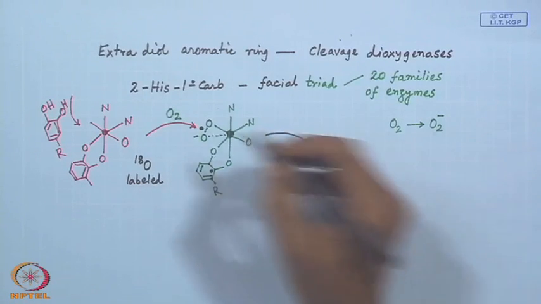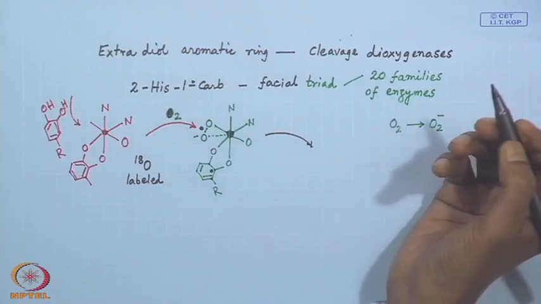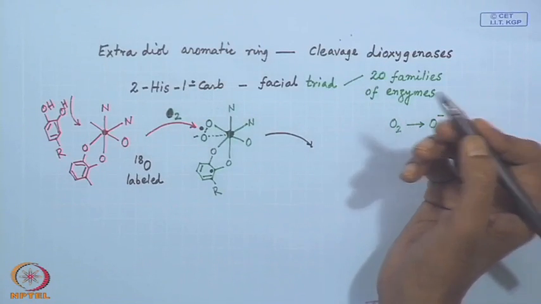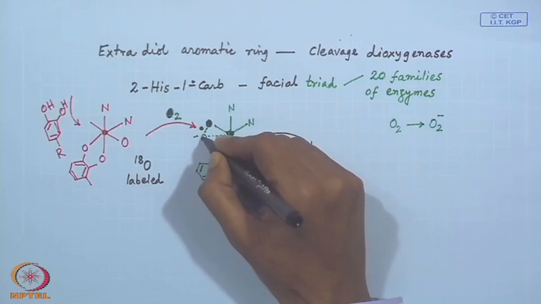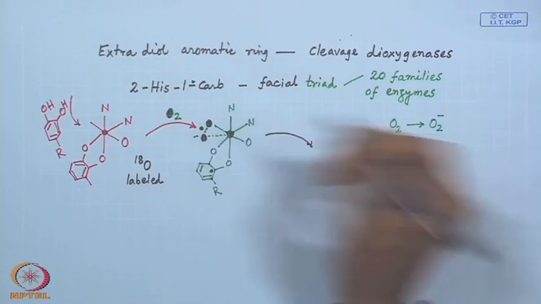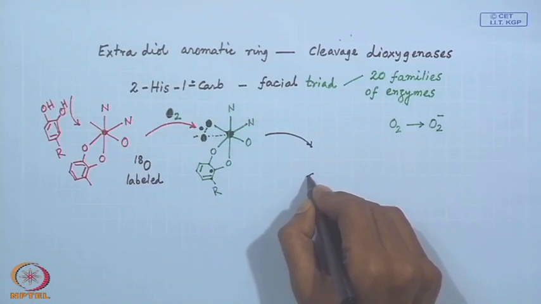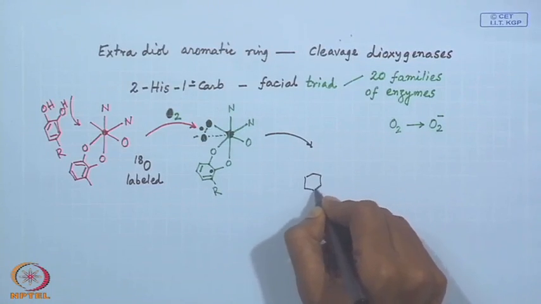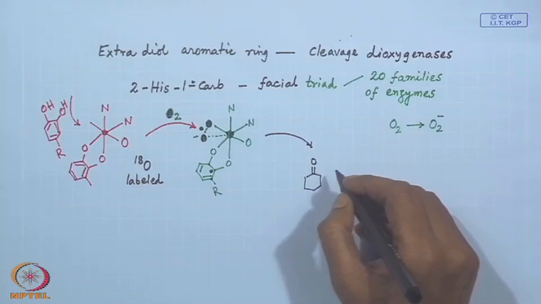18O labeled one is used. That means we want to track the dioxygen, where it is going. So, initially it is bound to these two positions, then the binding is changing towards the semiquinone form.